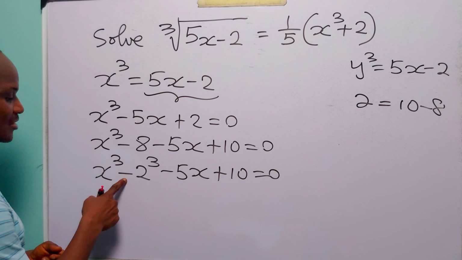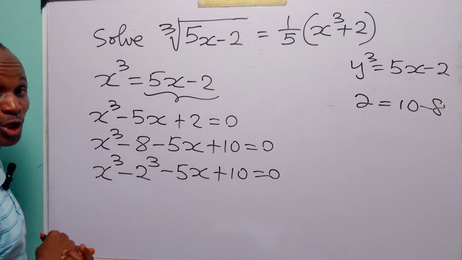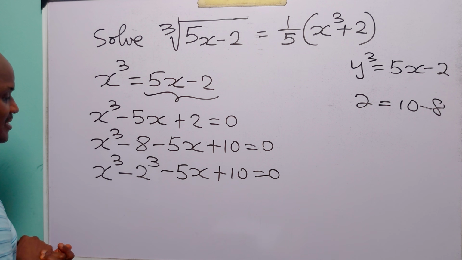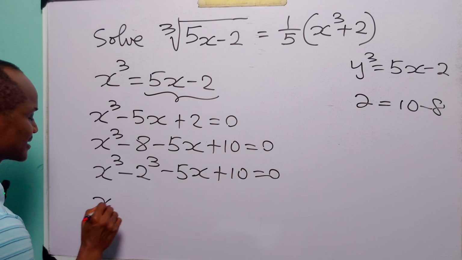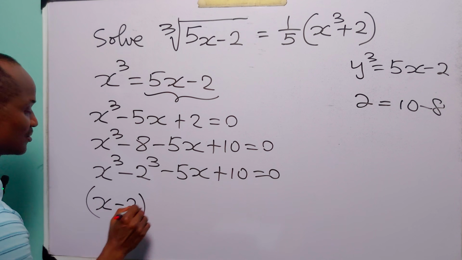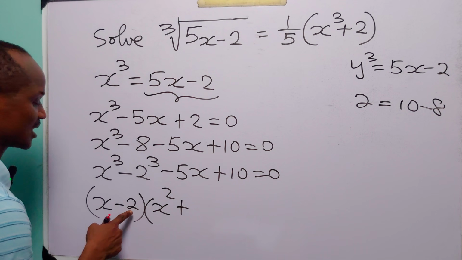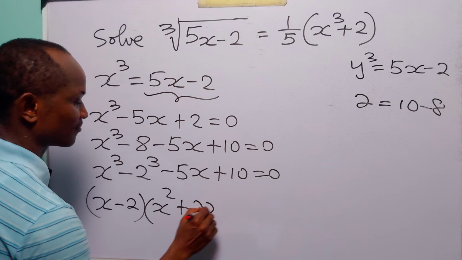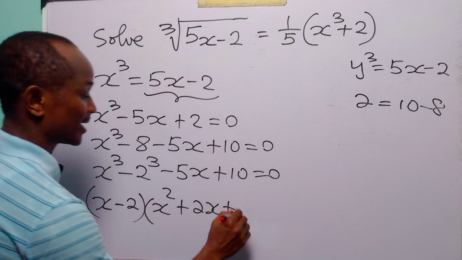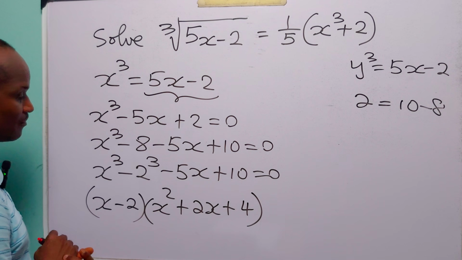Once more, notice that we have the difference of 2 cubes. So we can factorize this too. We have (x − 2)(x² + 2x + 4), where 2 squared is 4.